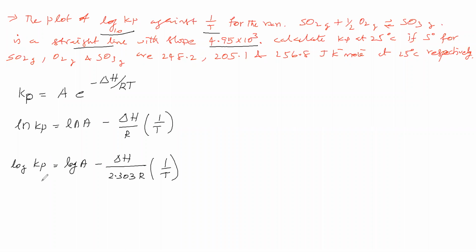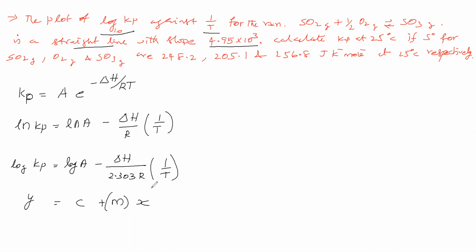Now they said the graph between log Kp and 1 by T is a straight line, therefore it is y equal to mx plus c. That is called the straight line formula.